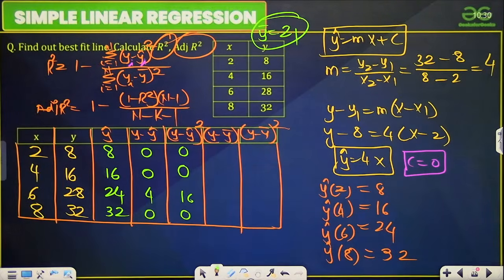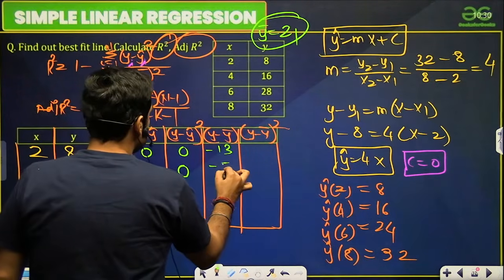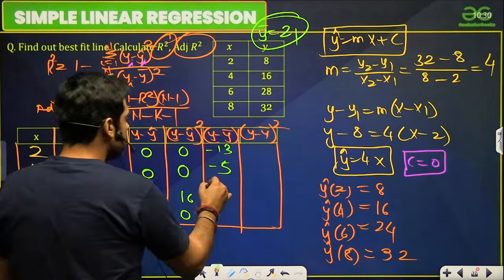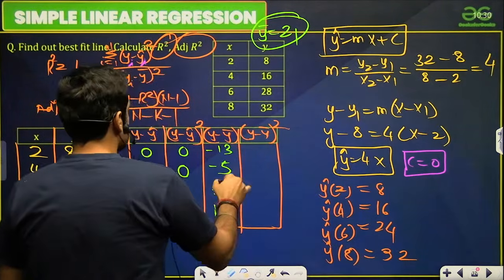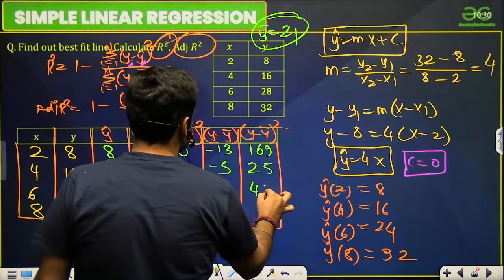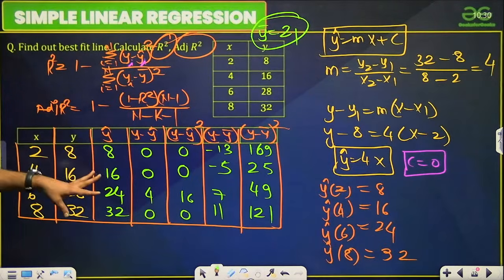So I can complete this table. y minus y bar is minus 13, minus 5, 7 and 11. I can just square it: this is 169, this is 25, then we have 49 and 121. So this is the complete table, right?